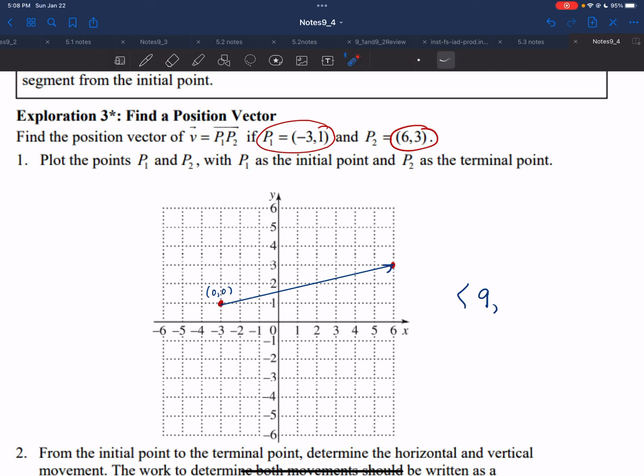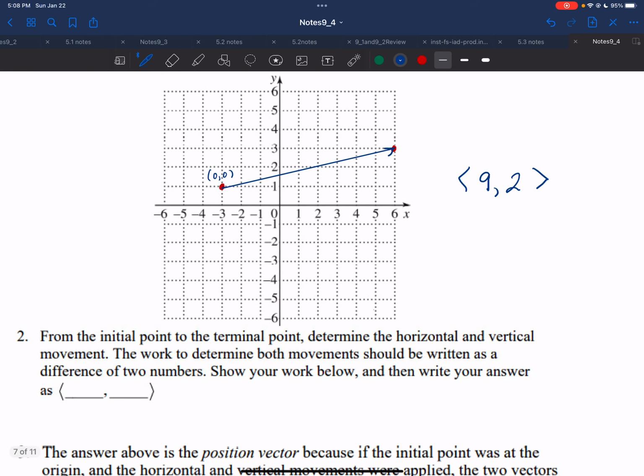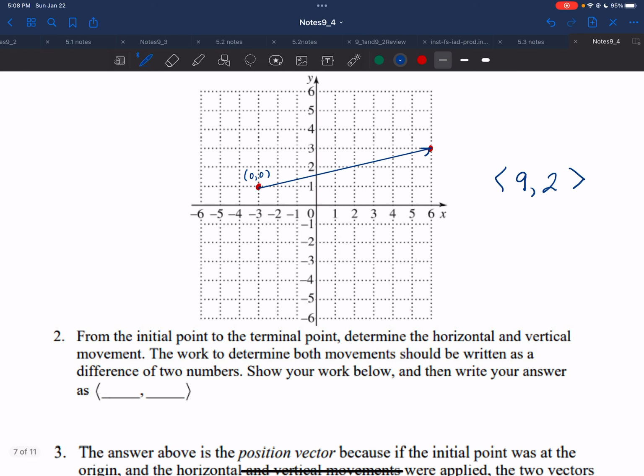And then I go up 1, 2. So that would be 2. So my position vector would be 9, 2. From the initial point to the terminal point, determine the horizontal and vertical movement. We did that, and so we have 9, 2.